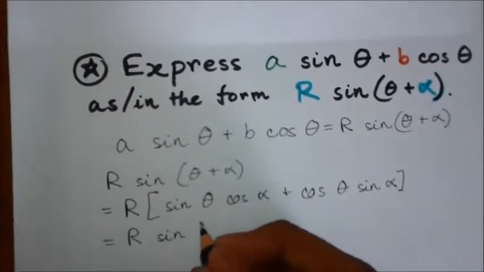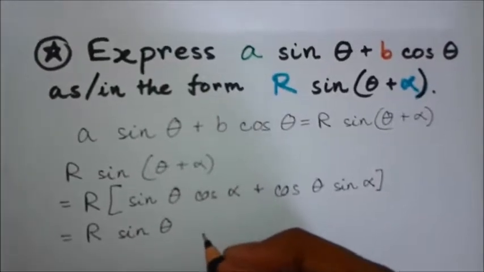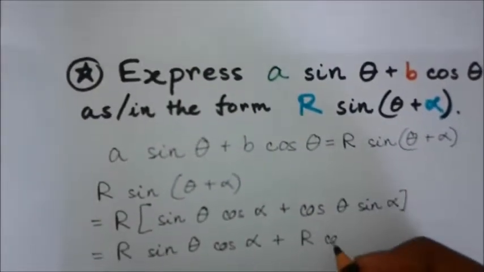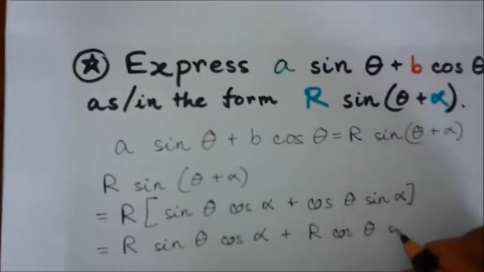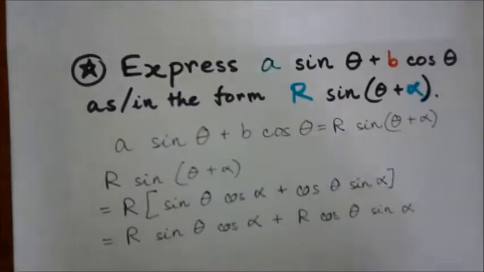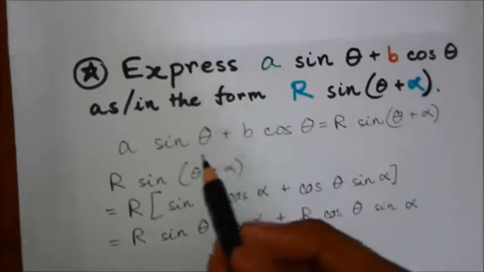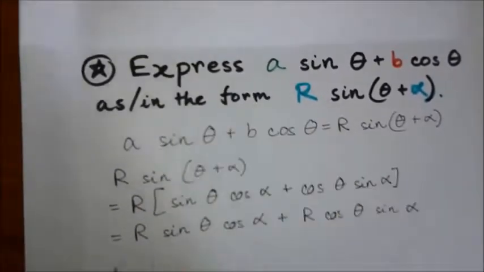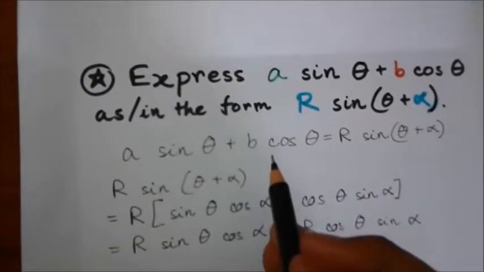R sine theta cos alpha plus r cos theta sine alpha. So now we can see that the r sine theta plus alpha looks kind of like this expression right here.